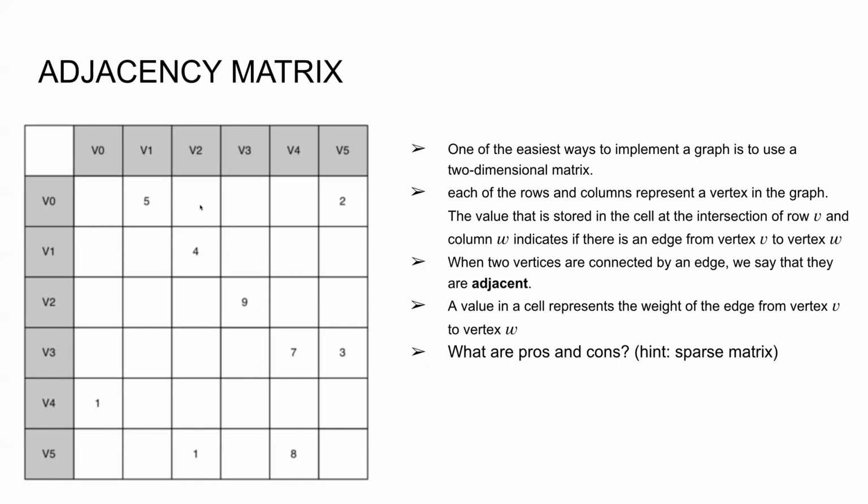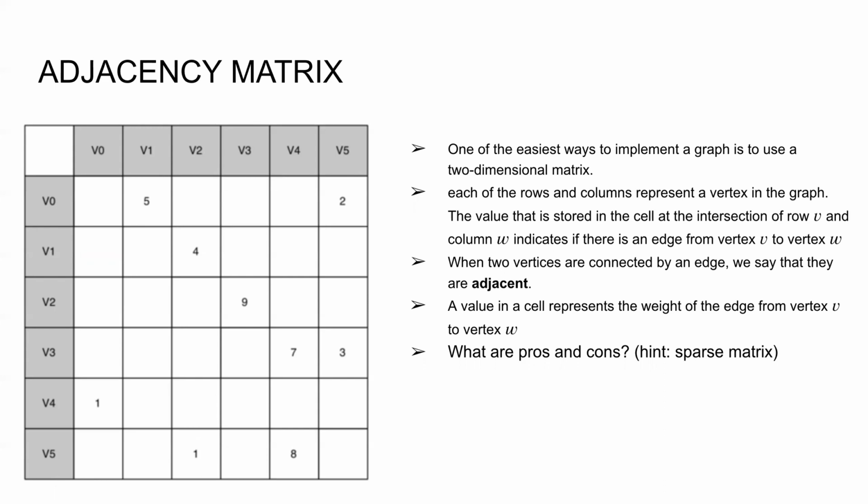If there's no number in it, they are not connected. And the number itself can be a weight, right? So this matrix shows that V0 and V1 are connected with a weight of 5. V0 and V5 are connected with a weight of 2. V0 and V4 are connected with a weight of 1, and V5 and V4 are connected with a weight of 8. So that's what we call an adjacency matrix.